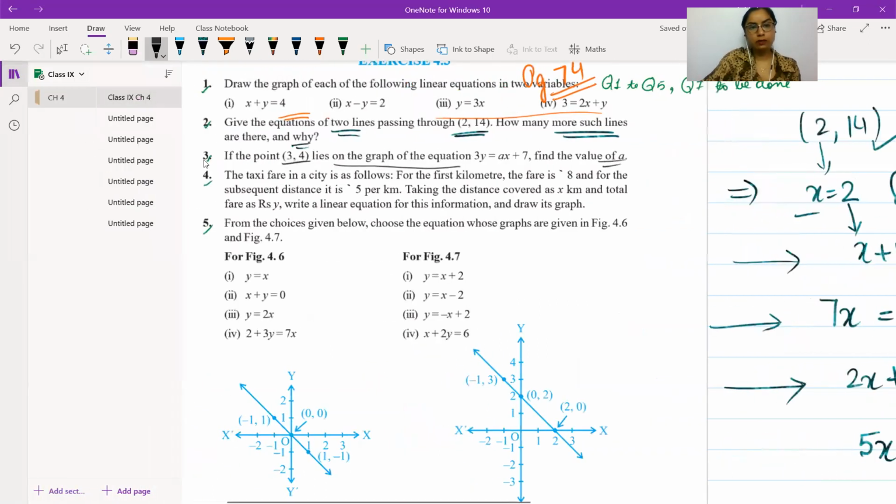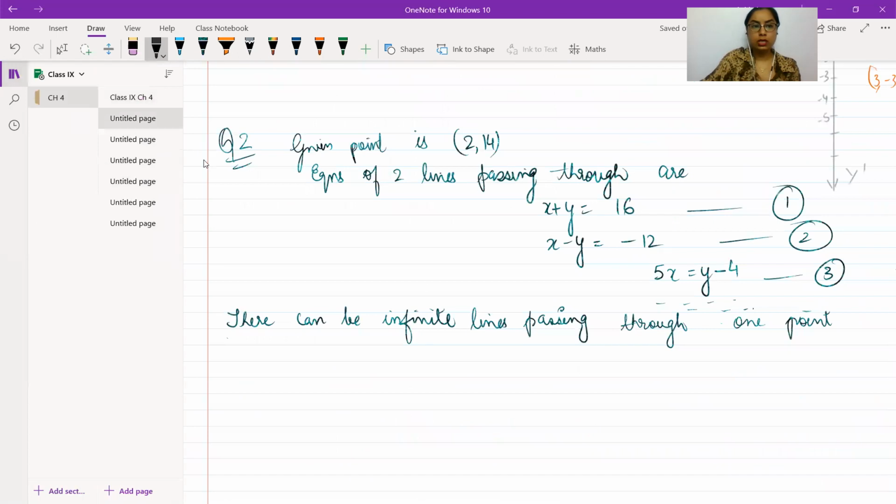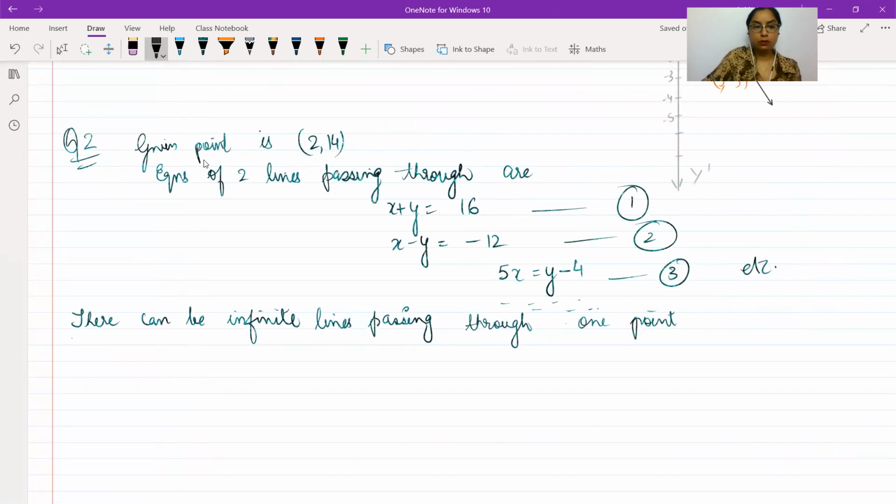You just need to write down one line while you're solving this question that the point is a solution means the pair of values you obtain from here will act as a solution of the equation. So (3, 4) lies on the graph of the given equation.